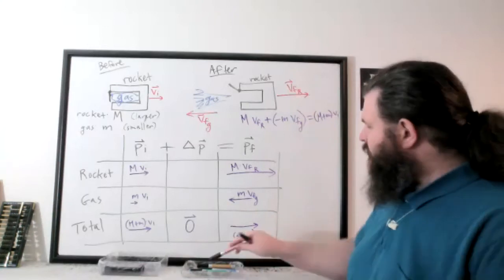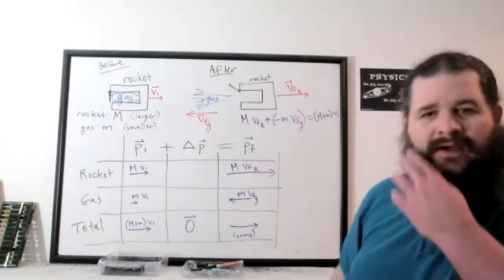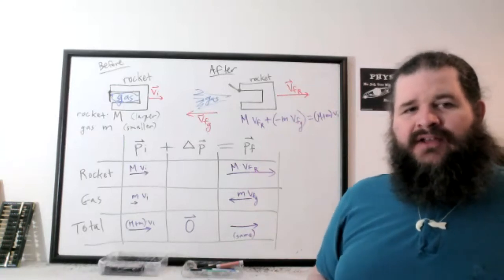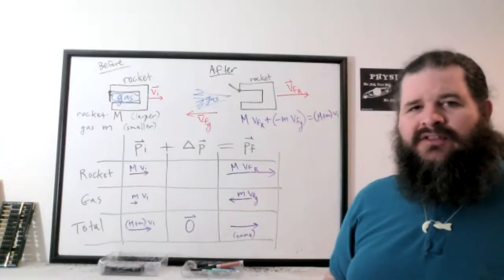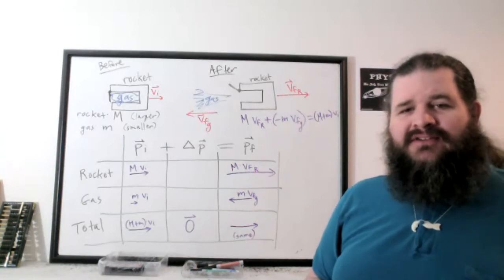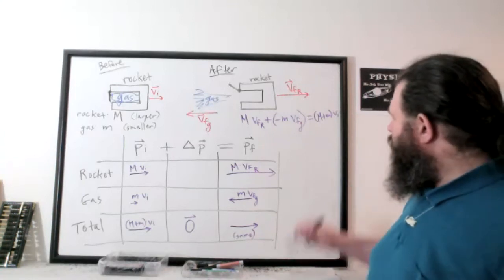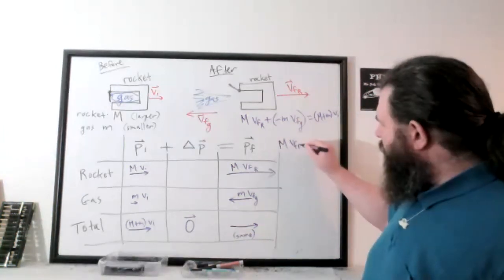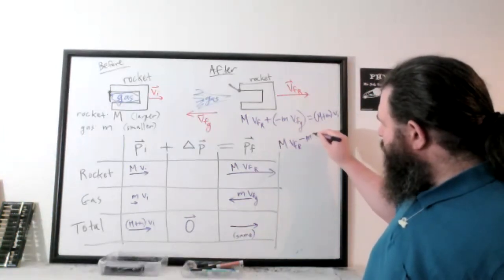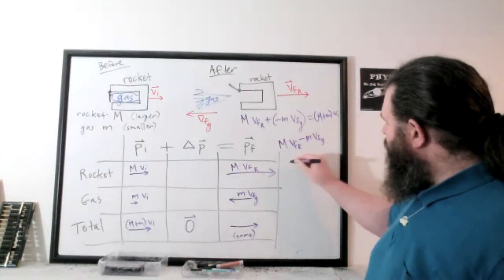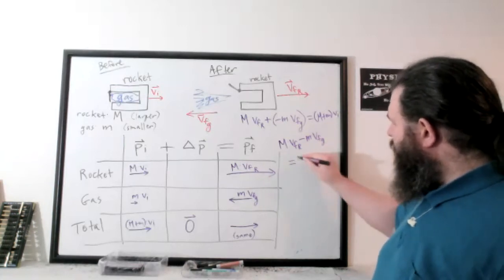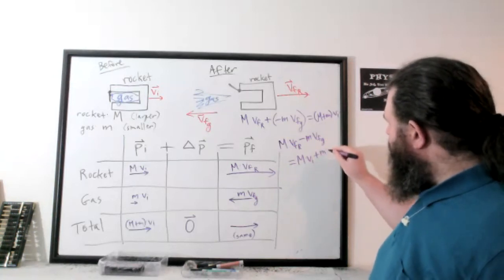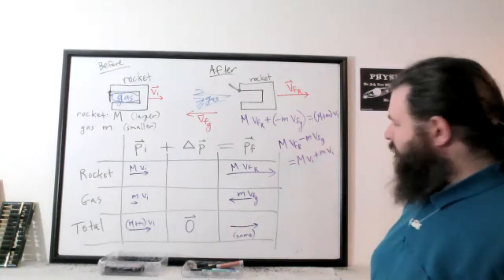And as for how much faster, we could actually solve for V final rocket here. Or more importantly, we could solve for the change in velocity. Because what's really important in rocketry is not the velocity, but how much the velocity changes during a maneuver. So if we set this up, we could say big M V final rocket minus little m V final gas equals, and then if we distribute this, big M V initial for the rocket plus little m V initial for the gas.